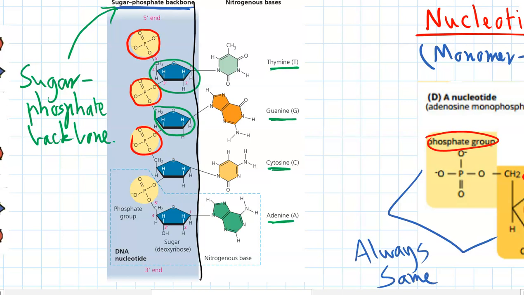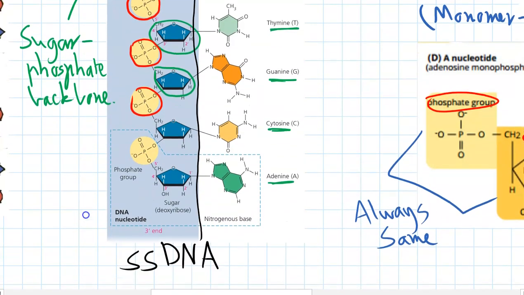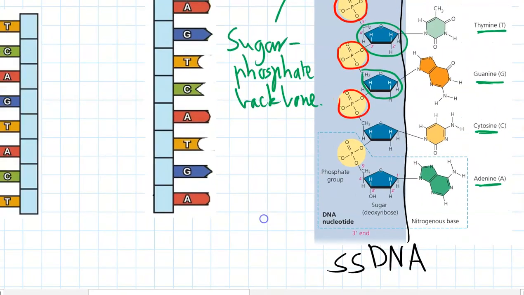And then the inner part where the bases are attached, they're the rungs of the ladder, which we learnt about earlier. But this is only just one strand of DNA. So this is a single-stranded DNA. But as we know, DNA is a double-stranded molecule.